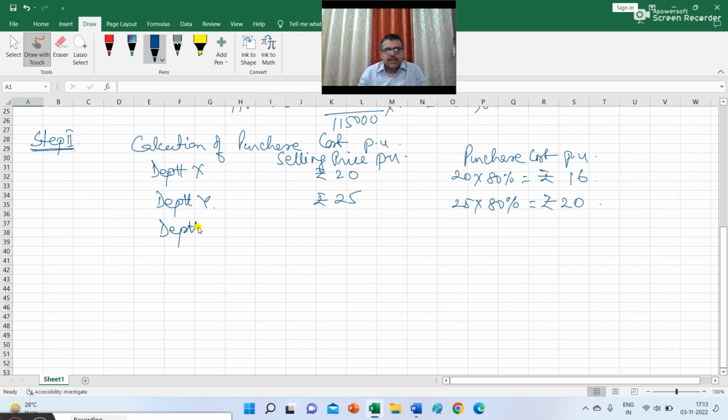And for department Z, the selling price per unit is rupees 30. So the purchase cost will be 30 into 80% is rupees 24. So the purchase cost per unit, which is not given in the question, we have to calculate. So in step 2, we have calculated the purchase cost per unit.